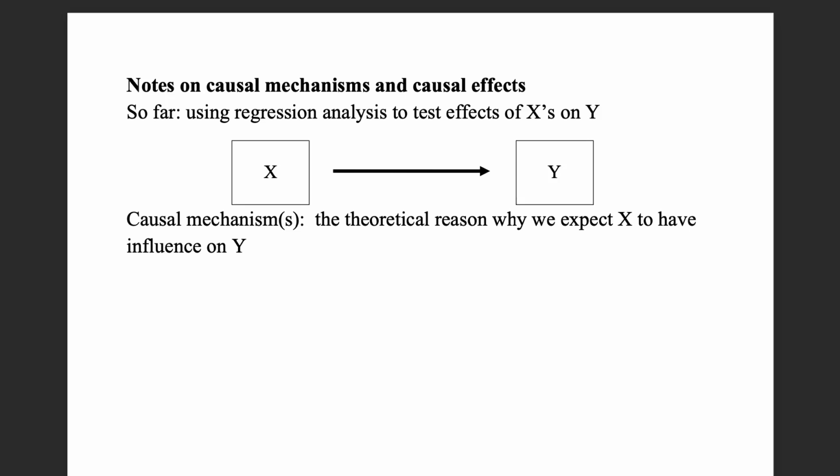Depending on your theory, that might be some story about how more income leads people to be overall more satisfied with their lives. And then the idea that people that are overall more satisfied with their life in general tend to be more positive about all kinds of institutions and political representation. So that's the reason why more income should lead to more satisfaction with government.